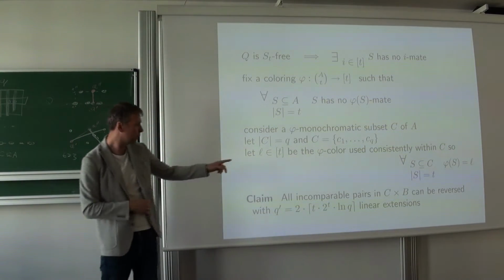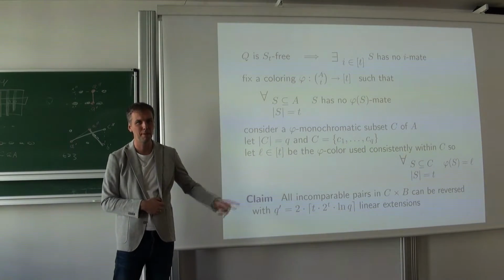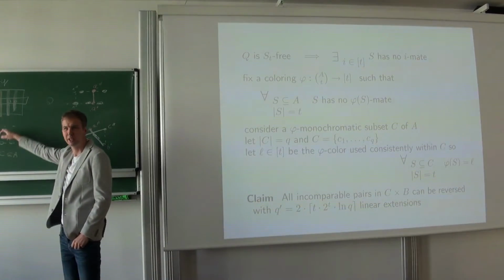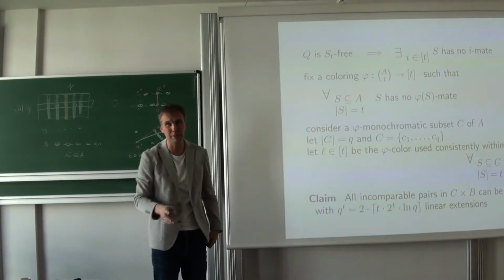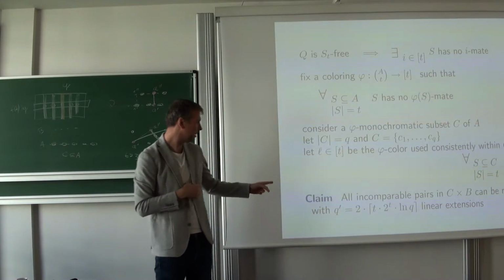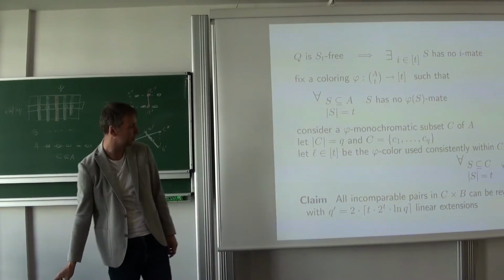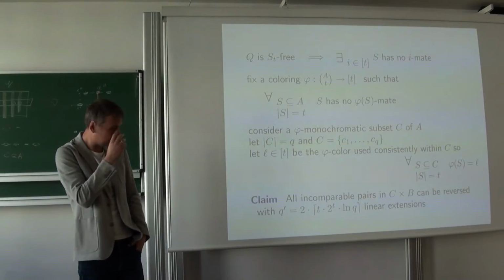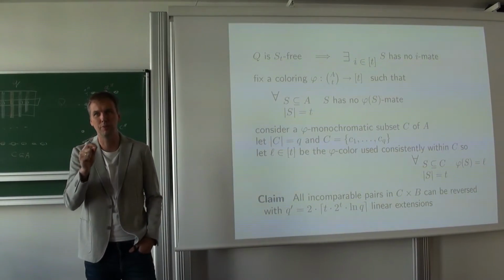Those from C cross B. All the pairs such that the first coordinate is yellow and the second coordinate is anything here. We're going to say that we can reverse them efficiently. So we claim that they can be reversed with Q prime linear extensions, where Q prime is given here. It's basically a constant depending on T times the logarithm of Q.